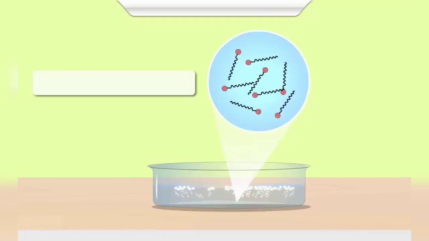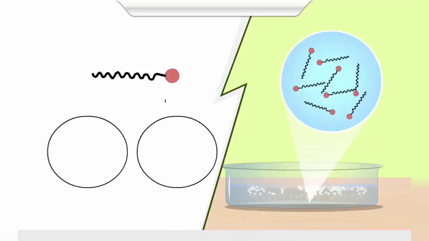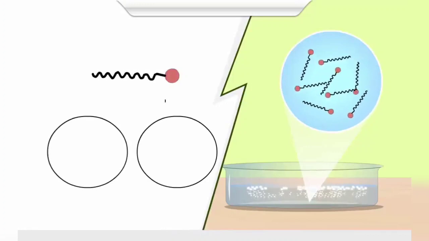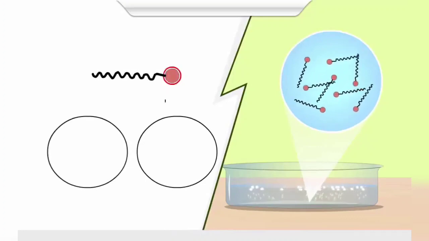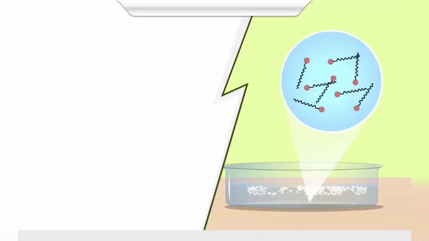Soap molecules are made up of long chains of carbon and hydrogen atoms. At one end of the chain is a configuration of atoms which are hydrophilic or dissolve in water. The other end is hydrophobic or does not dissolve in water, but dissolves in hydrocarbons or oil.